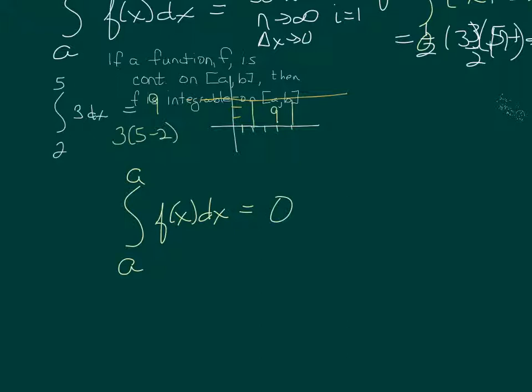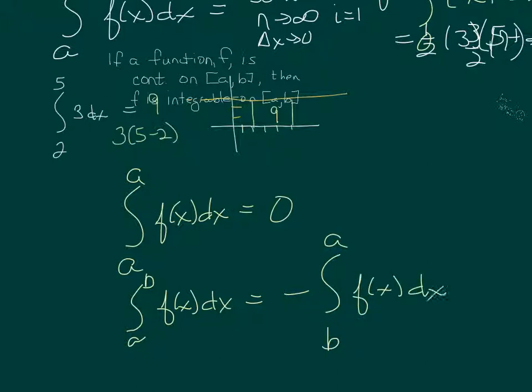All right. We also mentioned on the board, but I'll put it here too, if we have a to b of f of x dx, that's the same as the opposite of from b to a, f of x dx. Sometimes that's very helpful for us to know that property. Wait, what is it, AB? Is it AB? Yes, thank you.